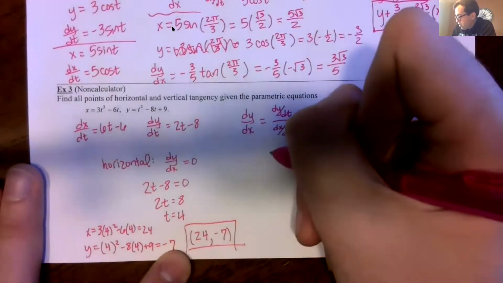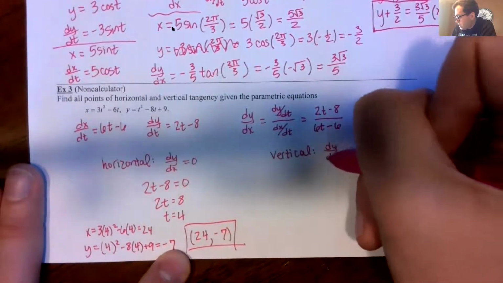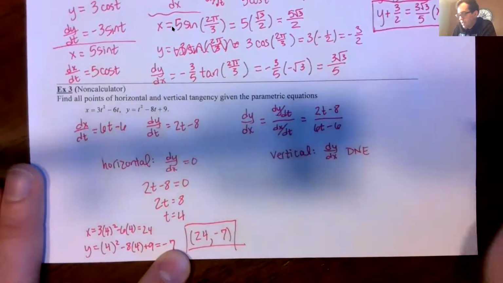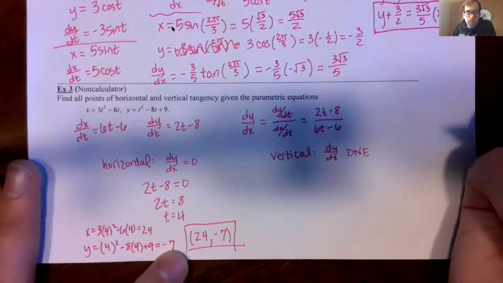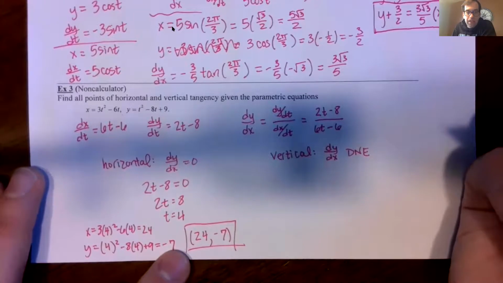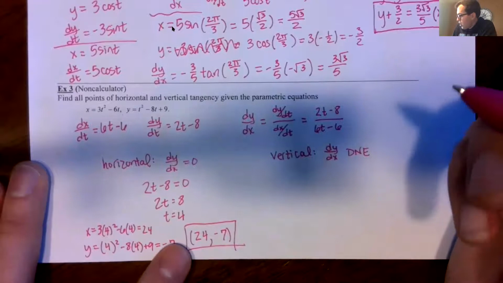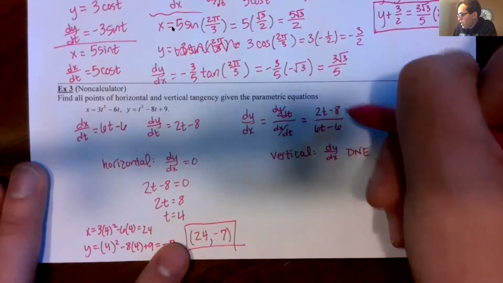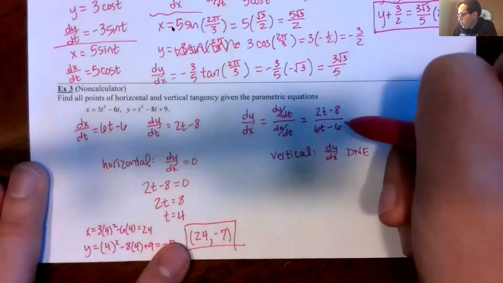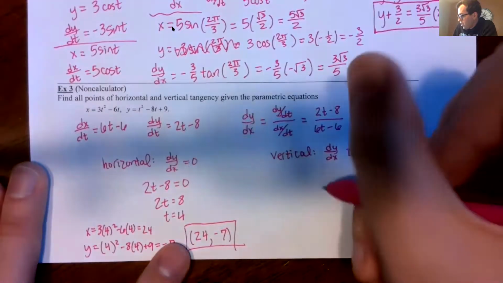Okay, we're going to do the same thing for the vertical tangent line, and vertical tangent lines are going to happen when dy dx does not exist. Okay, we're going to check that, and then we're going to check to make sure there's actually a point there and it's not some other issue why the first derivative might not exist. But if we have a polynomial or a rational expression here that's representing our first derivative, we know that this fraction won't exist if the denominator equals 0.